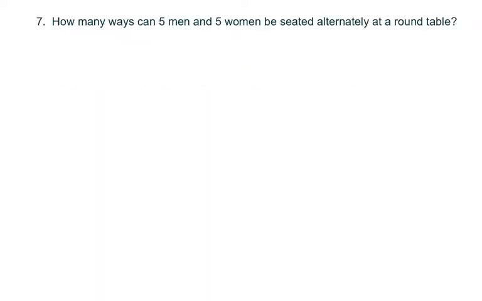And I have, how many ways can 5 men and 5 women be seated alternately around a table? So basically, we have a table here. All right. And men and women. So I can put man here. It's 5, right? Let's see if I can do this.